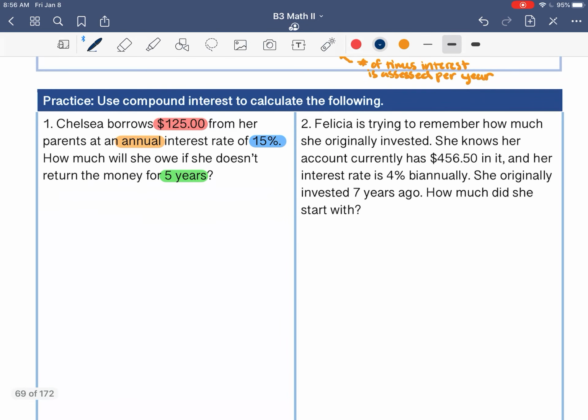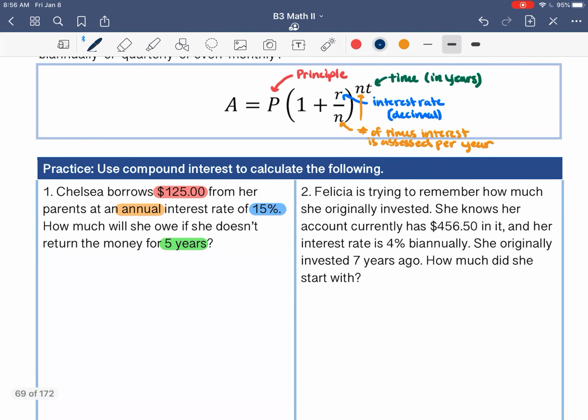Okay, so we have, it's jumpy today. A equals the principal amount, which is 125, times parentheses 1 plus the rate at 0.15 over n, which is 1, we decided, to the 1 times 5.